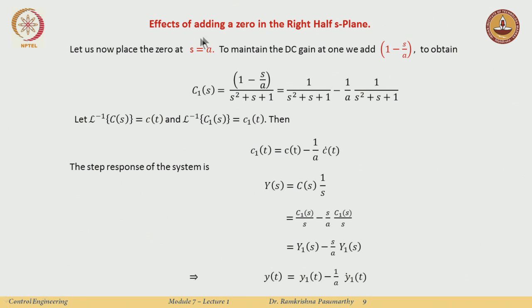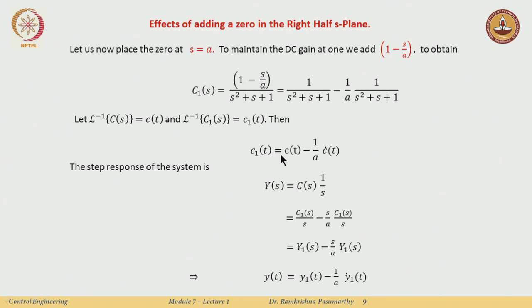Okay. Now, what if I add a 0 in the right half plane, right? Again, we do the same thing, that to maintain the DC gain at 1, we just divide the entire thing by A. So, my transfer function of the system is now 1 minus S over A. It again looks very much the same. I have 1 over S square plus S plus 1, I just have a minus here, minus 1 over A times S over S square plus S plus 1.